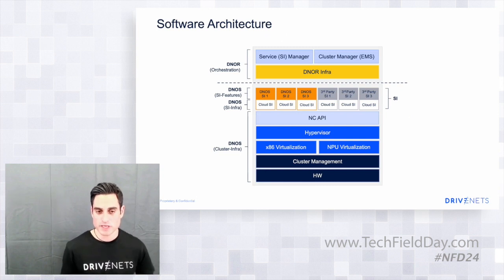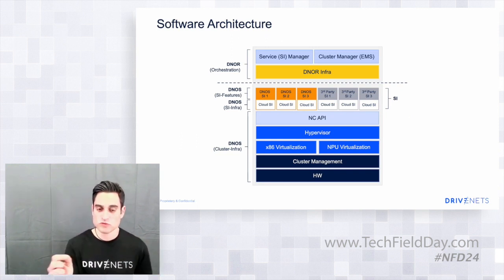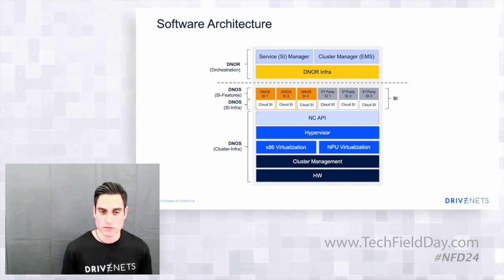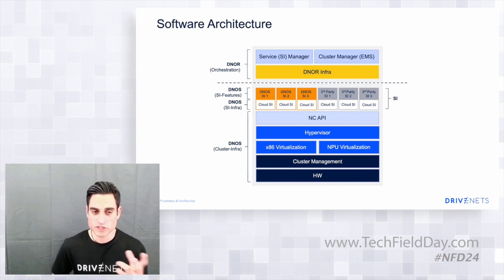Now you're not speaking with the actual TCAM or the actual FIB. You're speaking with my virtual representation of it. It's the function of the hypervisor to do the translation between what you think you see and what's in reality there. The Network Cloud API, in which you work directly or indirectly, and then the service instances or the features.